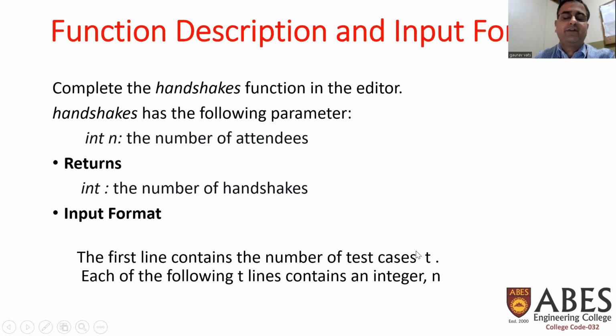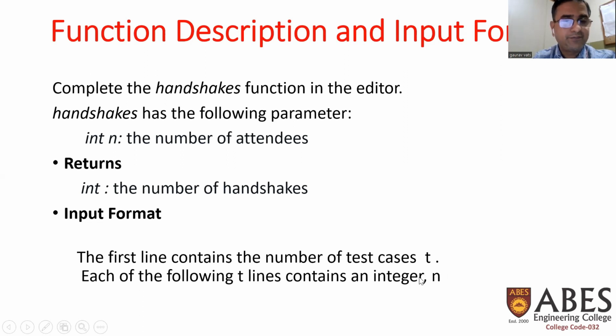If you are giving some solution, it has to go through different kinds of test cases, one or two or three, depending on the requirement of the problem. And each of the following small t lines contains small n.